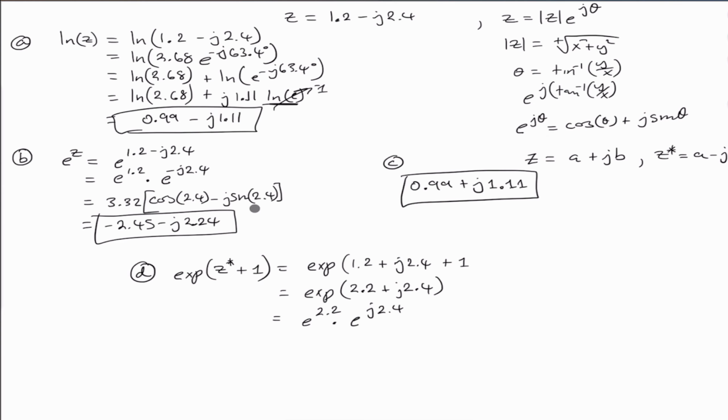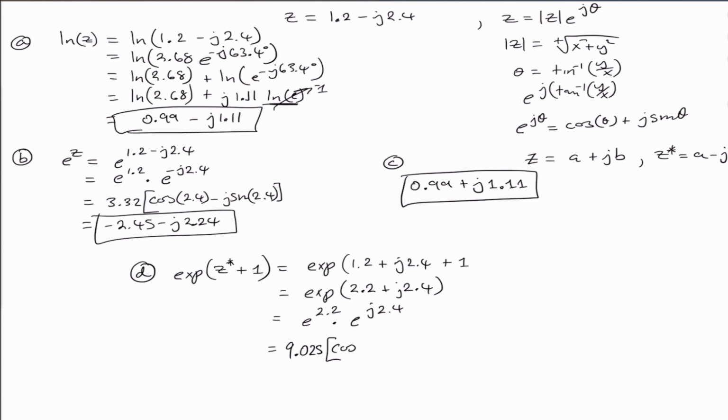We simplify our exponential, e to the 2.2 gives a value of 9.025. Then we apply Euler's identity.